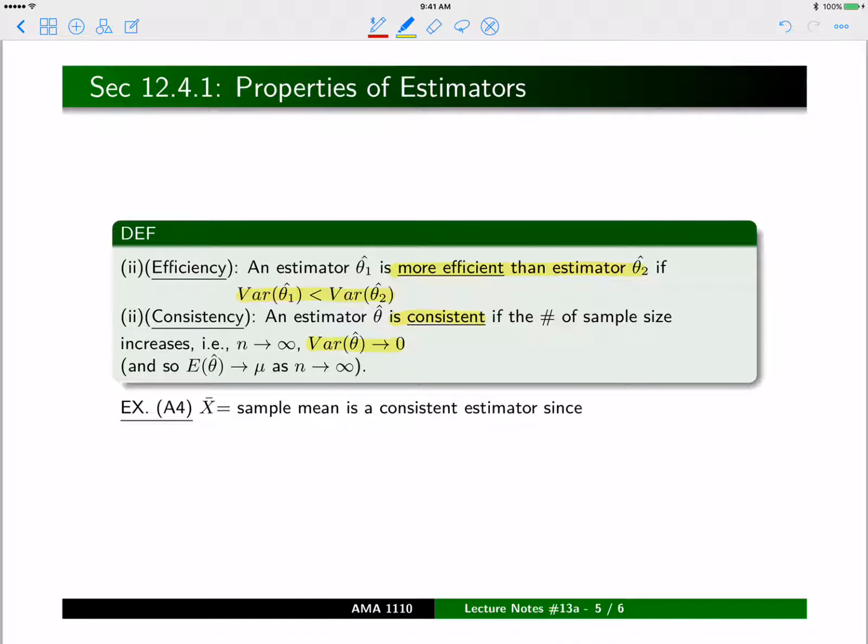For example, the sample mean is a consistent estimator, since we know that the variance of x bar, the sample mean distribution, is sigma squared over n, which goes to 0 as n goes to infinity.